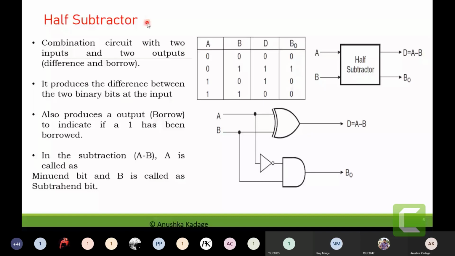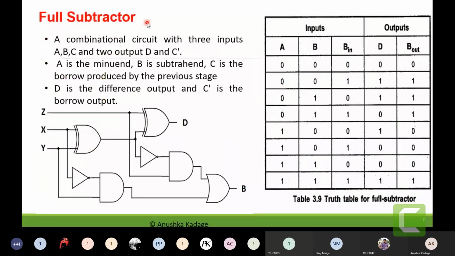So one other combinational logic circuit we will see, and then we will stop today's lecture. That logic circuit is the full subtractor. As the name indicates, it is a full subtractor. So in the subtraction process, the extra term which is there is the borrow in, which is represented here in the truth table.